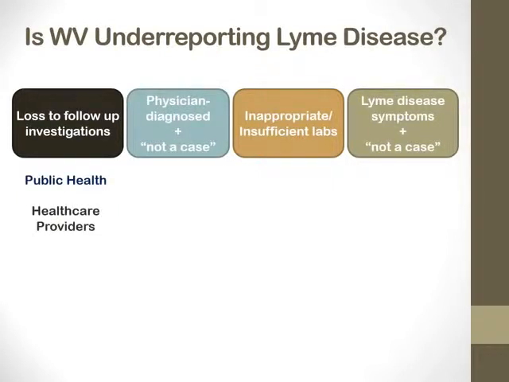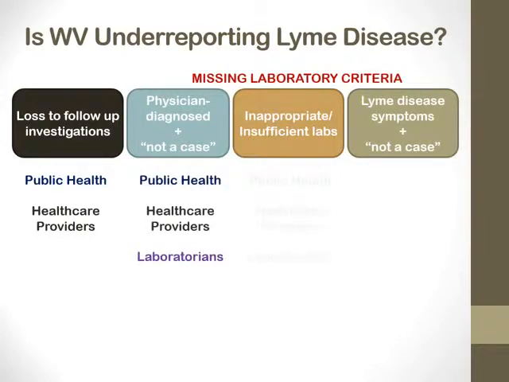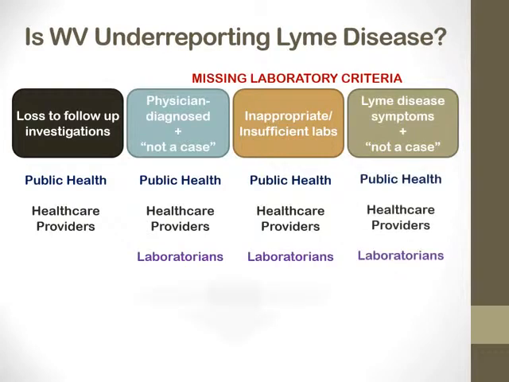Public health and healthcare providers can work closer together to improve loss to follow-up rates by getting additional surveillance data about cases. For the last 3, I believe that missing laboratory criteria contribute to these scenarios. And in this case, public health, healthcare providers, and laboratorians can all work closer together to improve these.